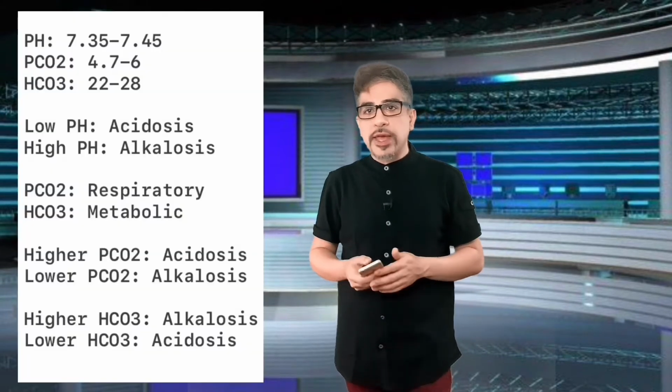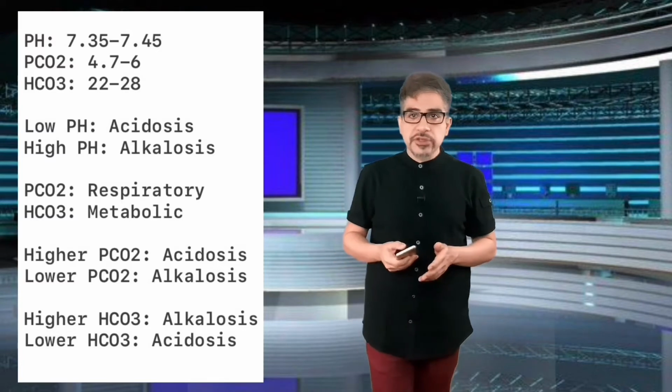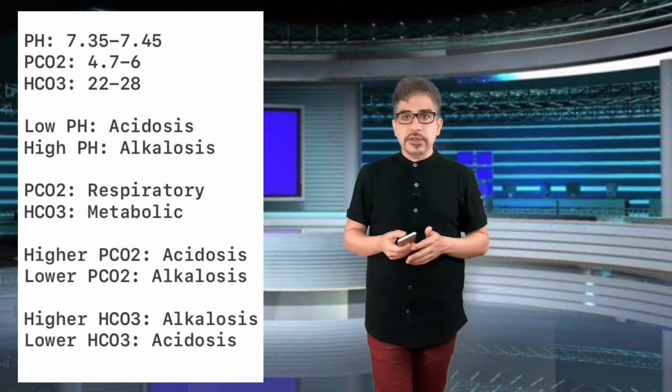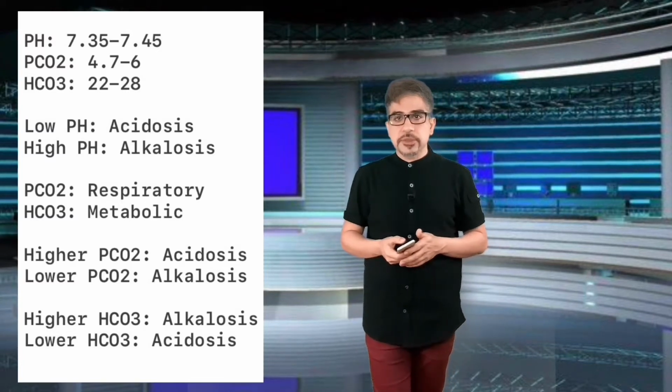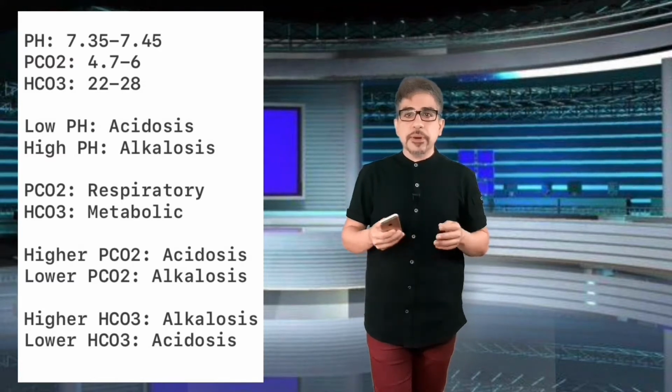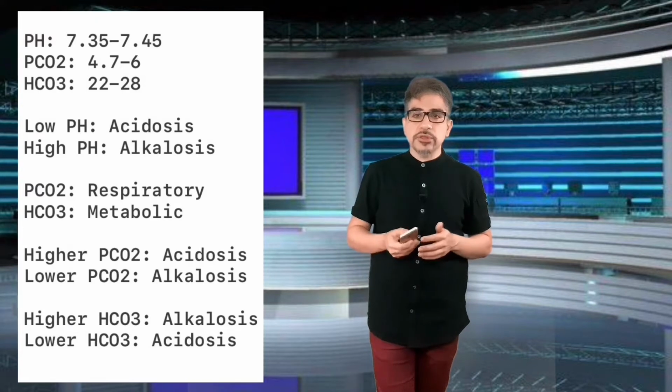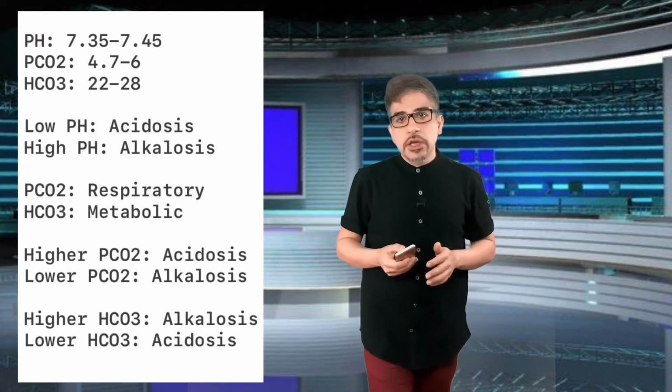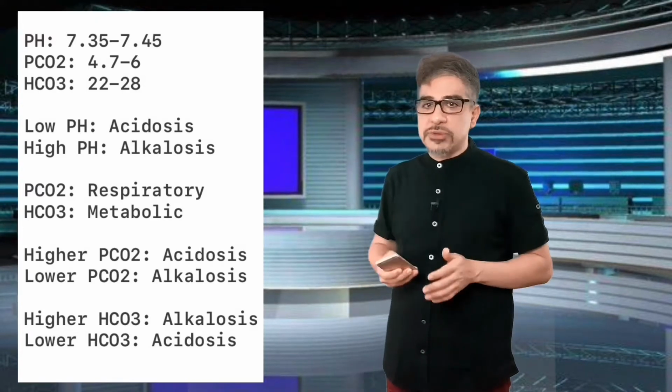Before moving on, here is a recap of what we've covered so far. Normal ABG values. pH 7.35 to 7.45. PCO2 4.7 to 6. Bicarbonate 22 to 28. Lower pH means acidosis.